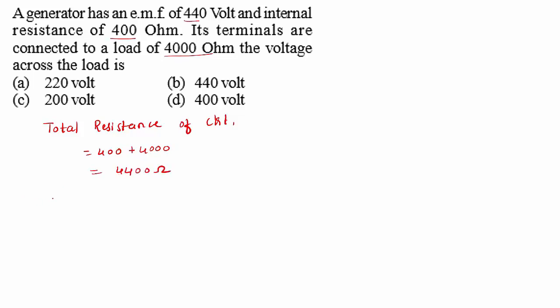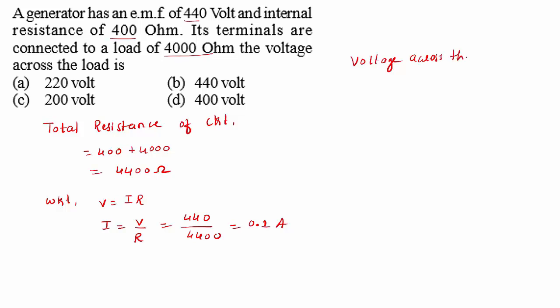And we know according to Ohm's law, V equals IR, or I equals V divided by R. V is given, that is 440 volt, divided by the total resistance 4400. So we will get 0.1 ampere. So we got the electric current as well as the total resistance. Now the voltage across the load we have to calculate.